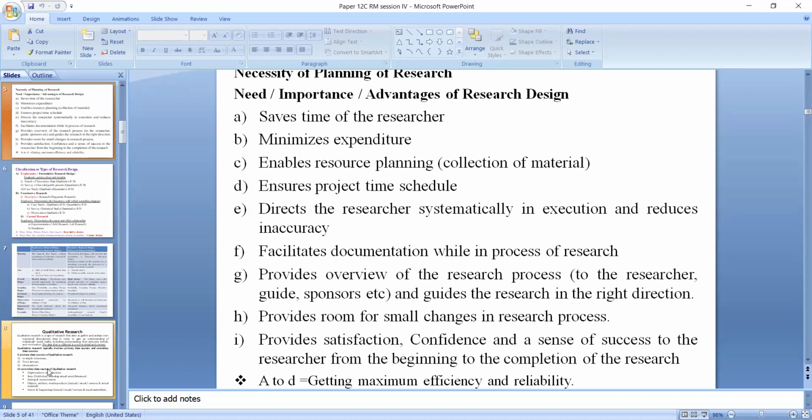If I'm using observation method, then whether my sample organization will allow me to attend the training programs for checking the effectiveness. Or if yours is TNA and it is based on interviews and many other things, but you need to go through the documents of TNA.